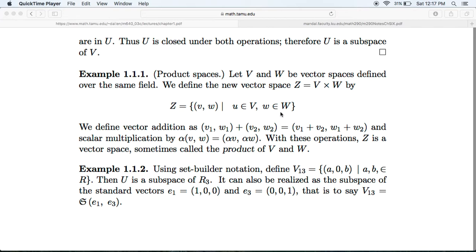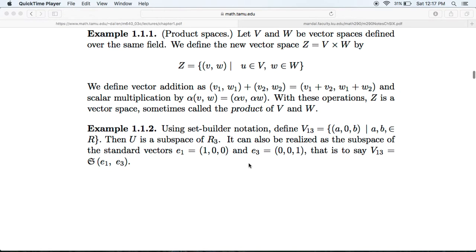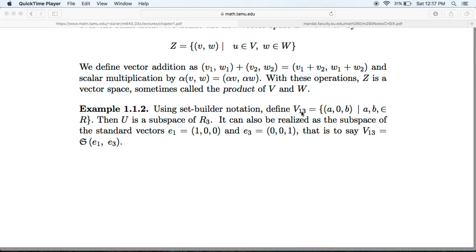This is also called a product space, the product of two vector spaces V and W. This is an easy example.